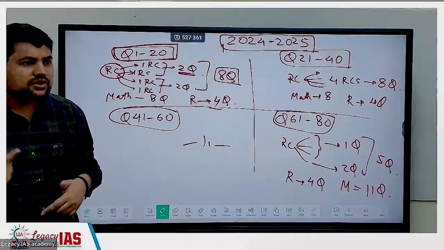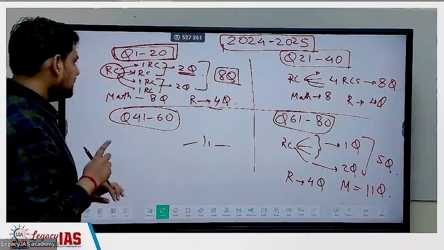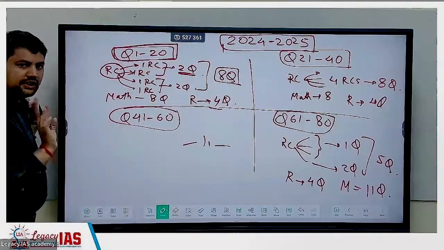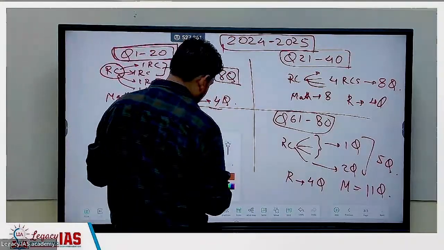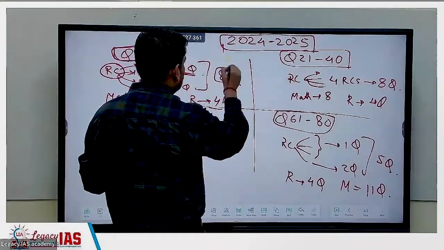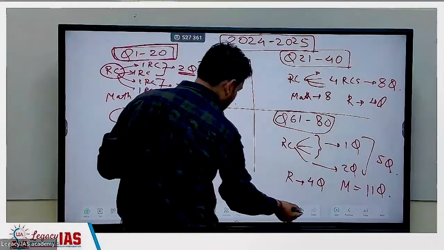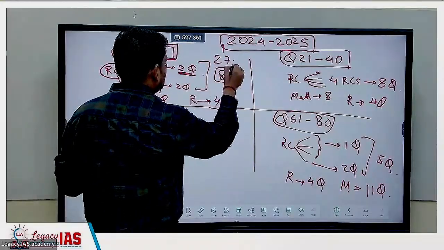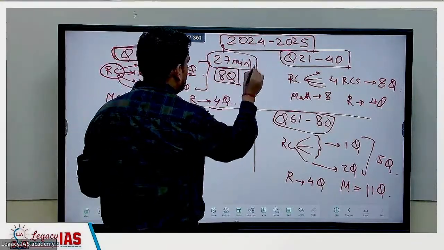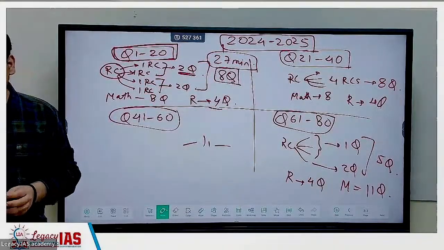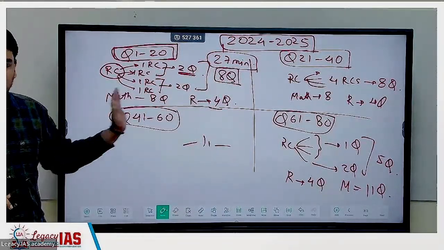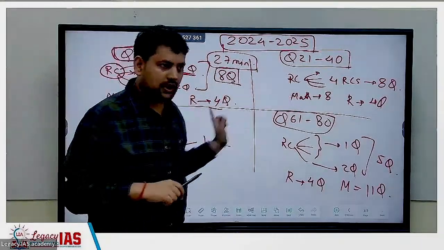Okay. So what we should be doing instead is we pick each part and we give 27 minutes to each part. You can give even 30 minutes if you want, but 27 minutes we'll give to each part.